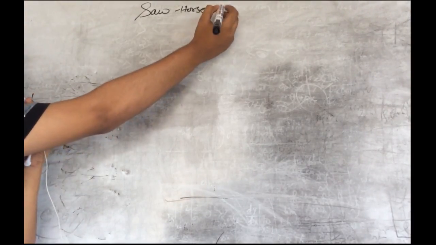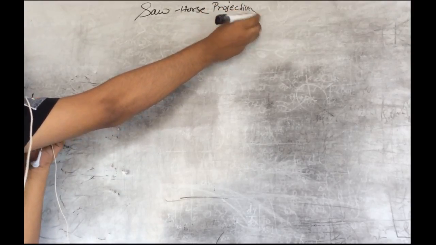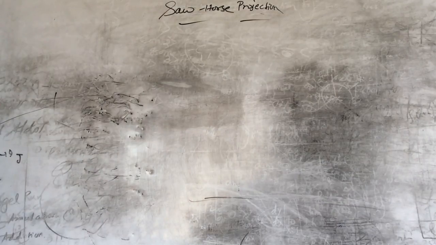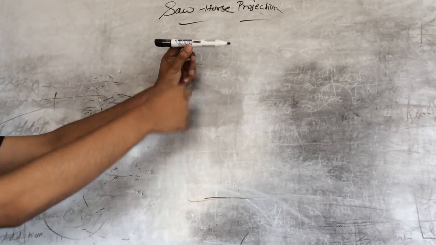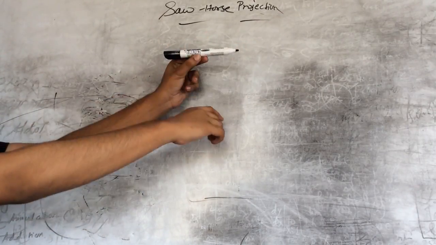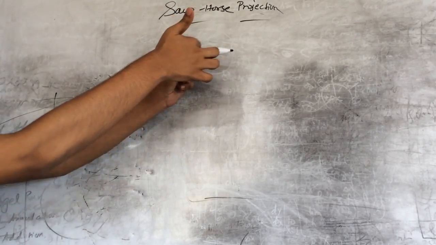So guys, we are starting Sawhorse projection. In Sawhorse projection, what we do is that we take a view along the perpendicular to the carbon-carbon bond. That is, if this is the molecule, say this is ethane, and this is one carbon and this side is another carbon, we place our eye here and we view along this side.